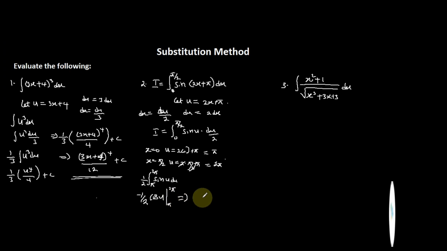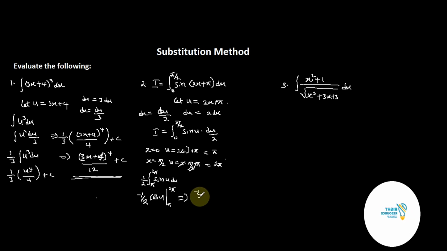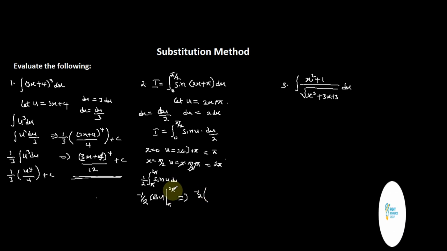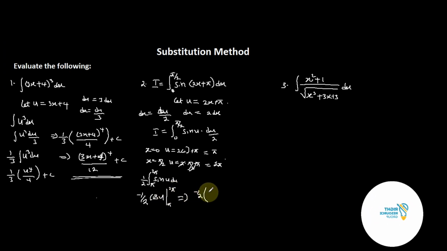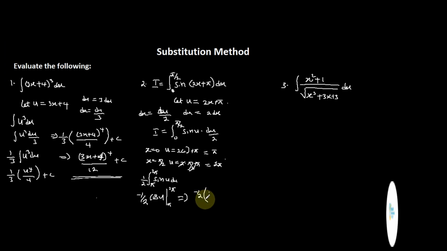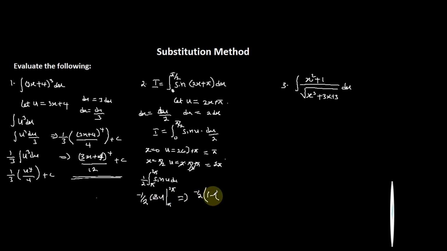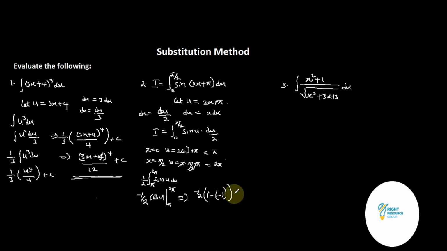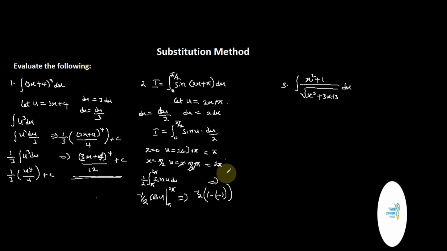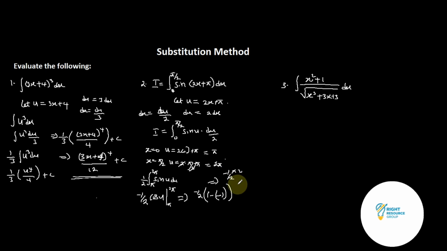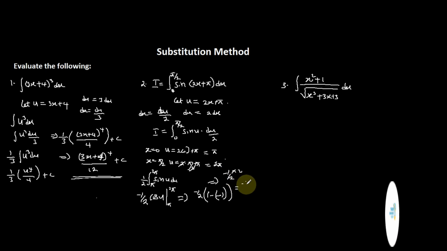So this implies that we have minus 1 over 2 outside there, substituting our upper limit, we are going to have cos 2 pi, and cos 2 pi will give you 1, minus, substituting our lower limit, cos pi, which is cos 180, is going to give us minus 1, and we will now be left with minus 1 over 2 times 2, and this is going to be minus 1. That is our answer. Our answer is minus 1.